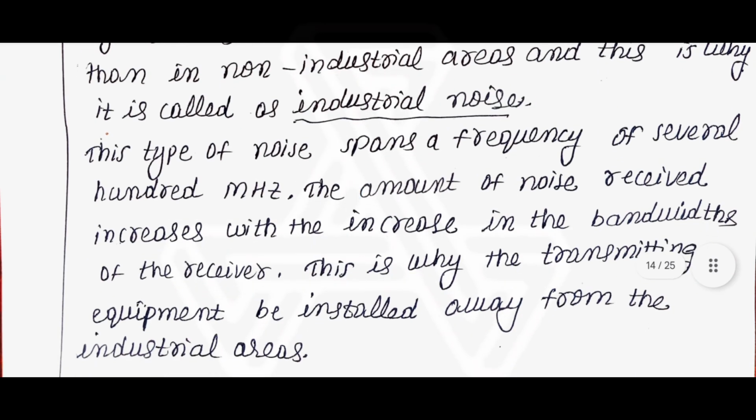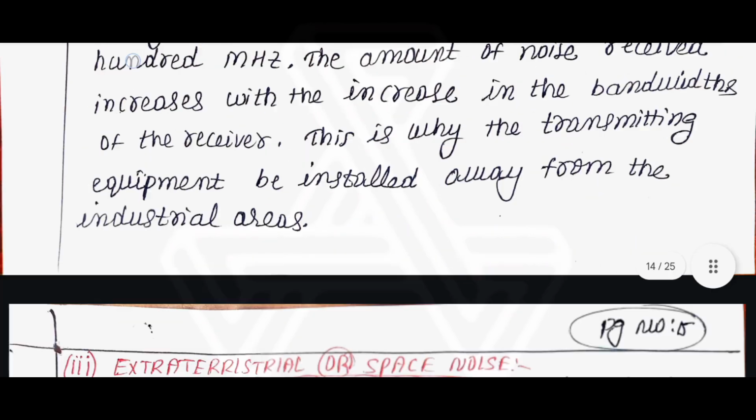This type of noise spans a frequency of 700 megahertz. The amount of noise received increases with the increase in the bandwidth of the receiver. This is why the transmission equipment should be installed away from the industrial areas.